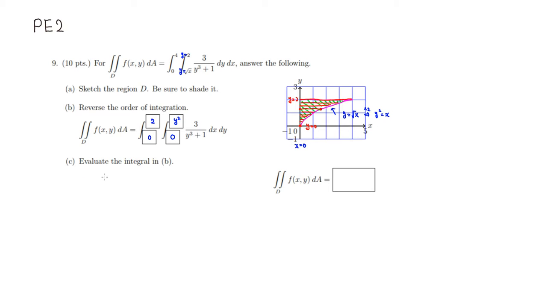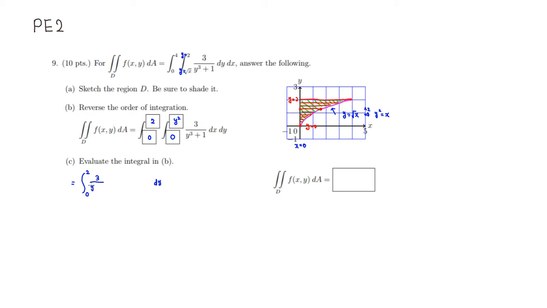I'm going to leave the outside integral for now, dy, and try to find the antiderivative of the inside. You can see that the 3 over y cubed plus 1 has nothing to do with x, so it's just a constant. I'm going to put it outside of the inside integral.